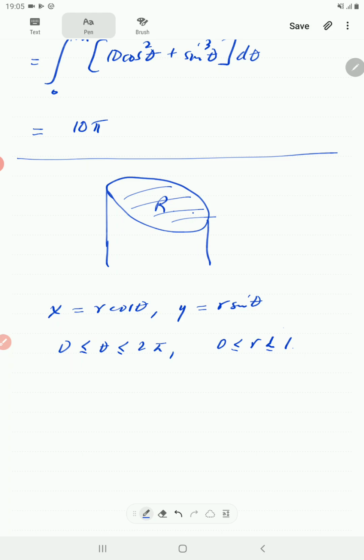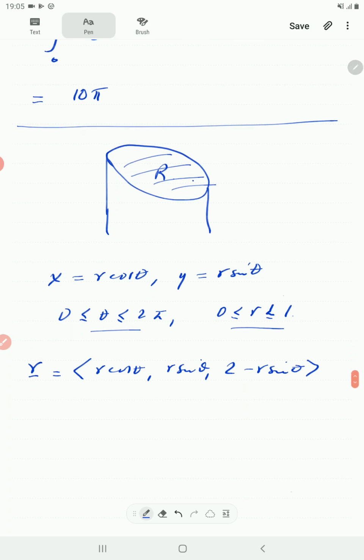Okay, so that means our parameterization of the region is going to be x, which is r cosine theta, y, which is r sine theta, z, which is 2 minus y, so this time is 2 minus r sine theta, and theta and r are varying as shown.